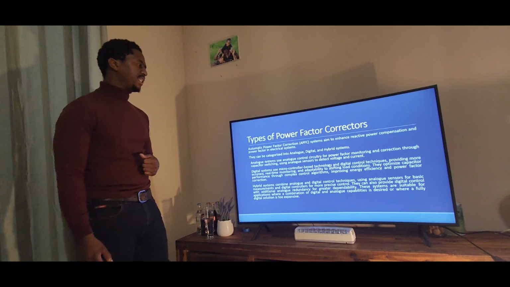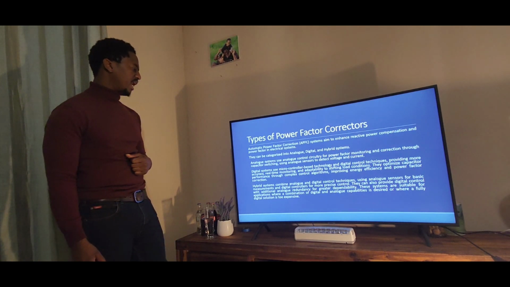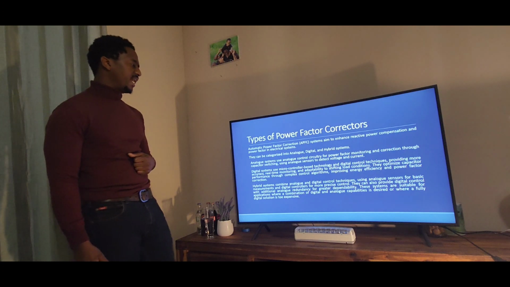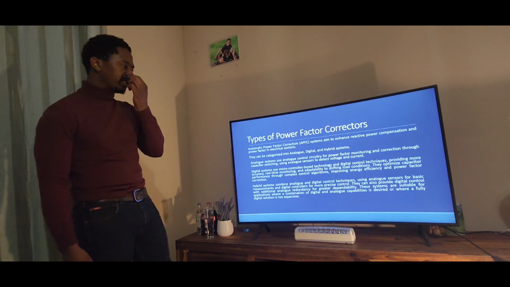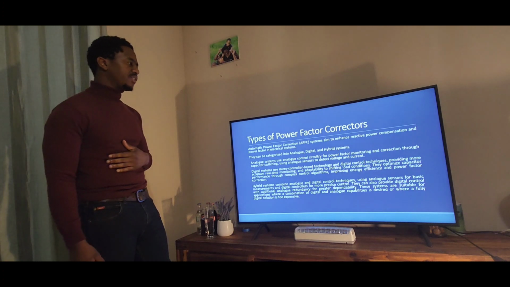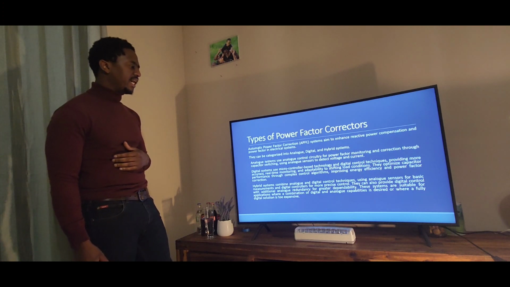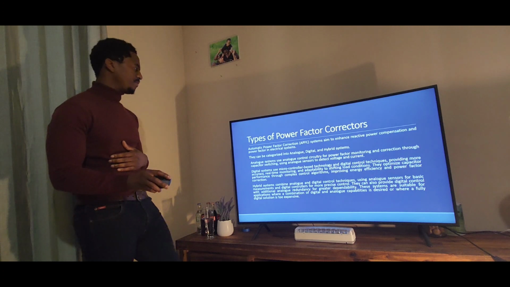They also provide digital control with additional analog redundancy for greater dependability. These systems are suitable for applications where a combination of digital and analog capabilities is desired or where a fully digital solution is too expensive.